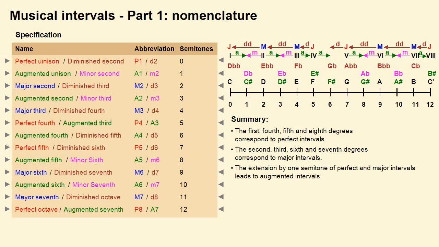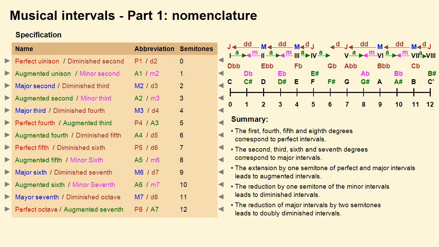The increase in one semitone of the perfect and major intervals leads to augmented intervals. The reduction of minor intervals by one semitone leads to diminished intervals. The reduction of the major intervals by two semitones leads to doubly diminished intervals.